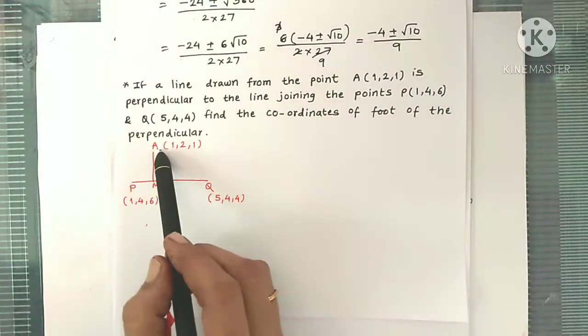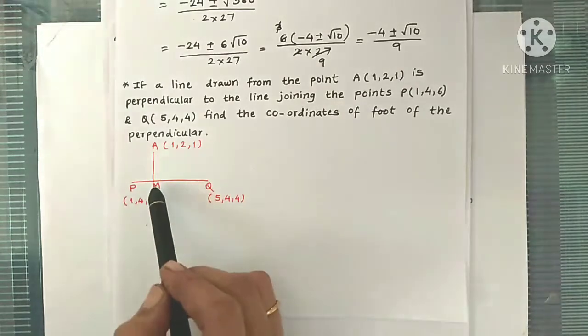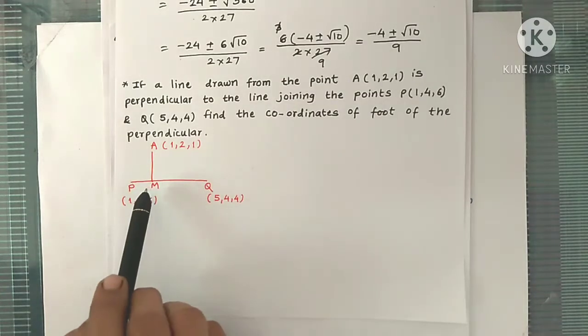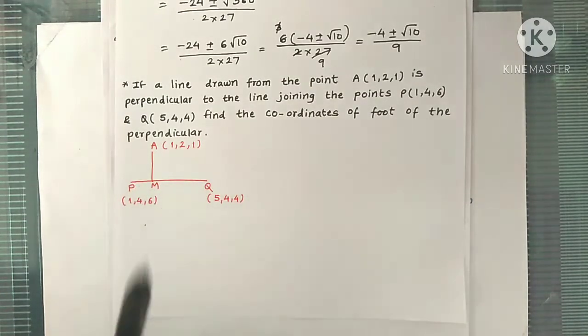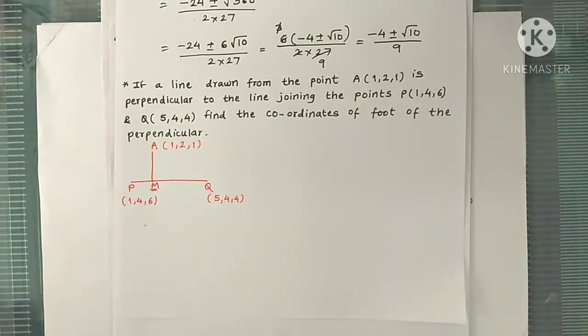Here a point A is given, (1, 2, 1), and a perpendicular is drawn from point A to the line segment joining PQ. Okay, so let AM be perpendicular to PQ. So the question is, find the coordinates of the foot of the perpendicular. So this M is the foot of the perpendicular, and that we have to find. The coordinates of M are to be found out.